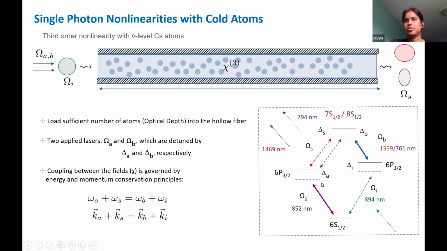These are the corresponding detunings: delta A and delta B are the detunings corresponding to the pumps, with Rabi frequencies omega A and omega B. And delta I and delta S are the detunings corresponding to the input and output signal respectively.